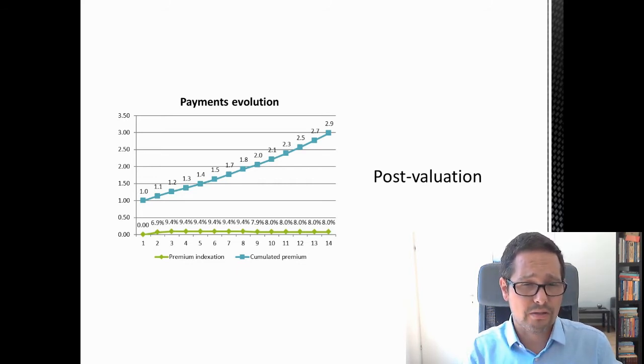I'm showing here a graph which is showing you the indexation. So you see that the premium indexation was in the second year almost 7%, and then 9.4, it went down a little bit to 7.9, 8%, and it kind of stayed at 8% till the 14th year.